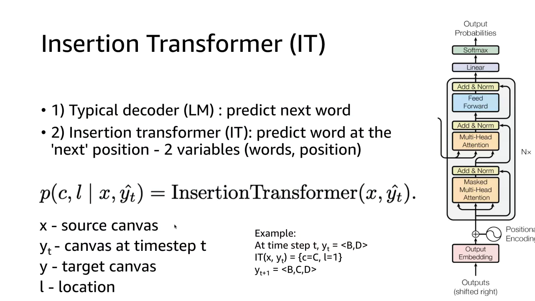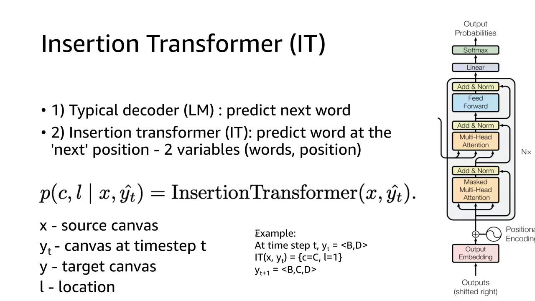A slot is basically an empty location. So if you have two words A and B, then the sequence AB has three slots. It has a slot before the word A, a slot between the words A and B, and a slot after the word B. So that's what a slot means.